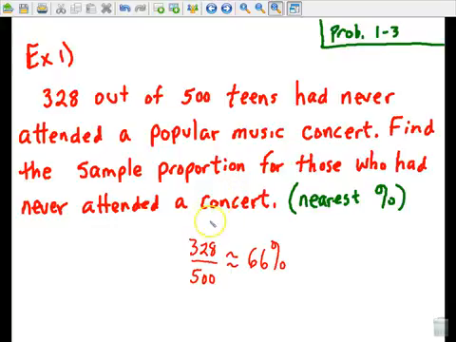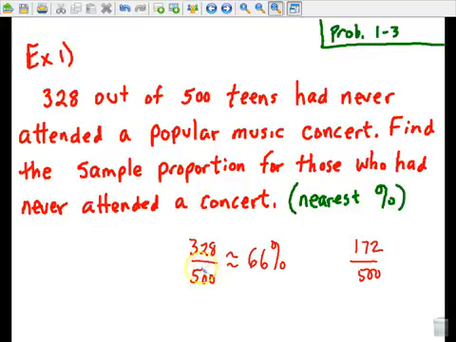If 328 never attended, then 172 have attended. So be careful that you read the question carefully. If it asked for the percent of those who have attended, then we would be doing 172 over 500. I just wanted to give you a heads up here. Just make sure you read the question carefully.